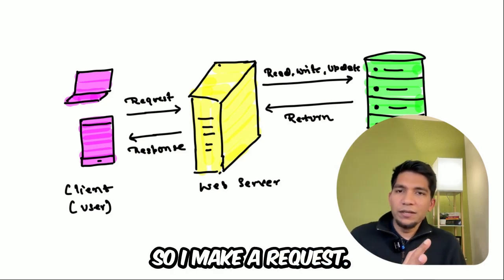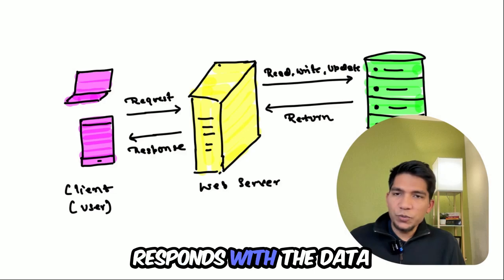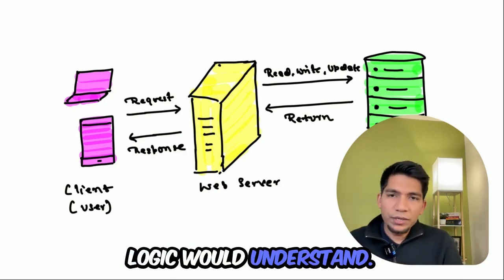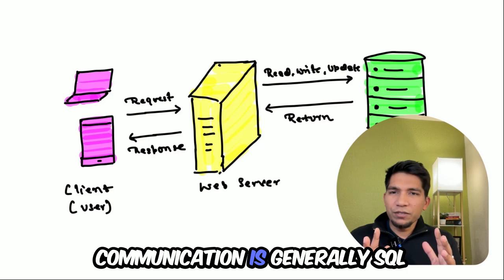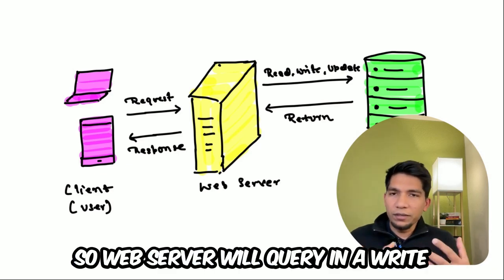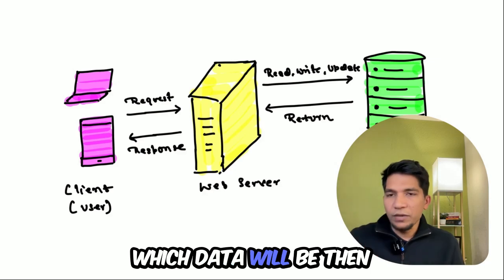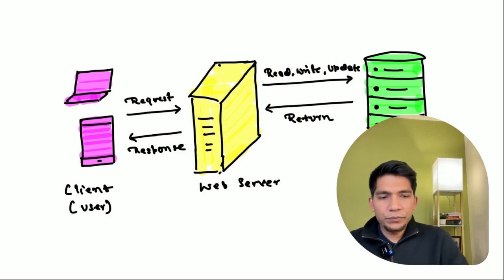I make a request, the request goes to the database server, and the database server responds with the data, which the web server then encapsulates in a way that the client logic would understand. The web server and database communication is generally SQL. So the web server will write a SQL query and fetch the data, which will then be encapsulated in the form that the client understands.